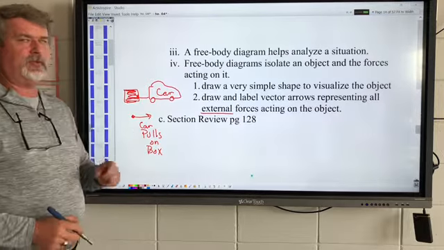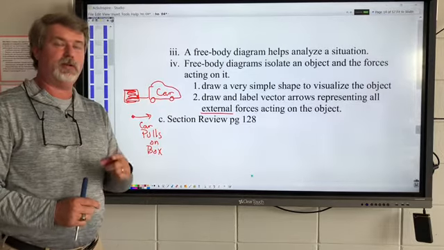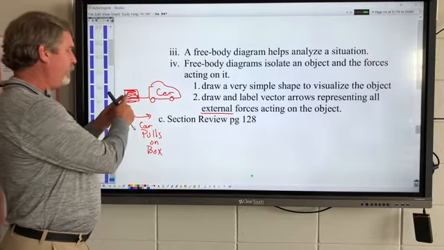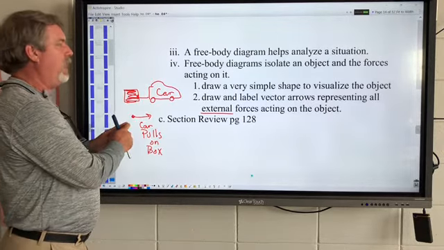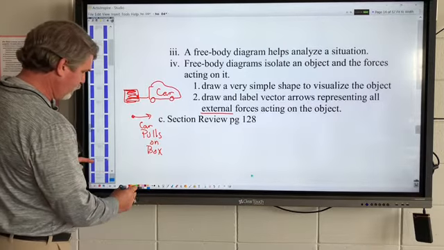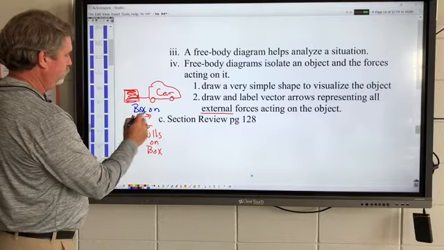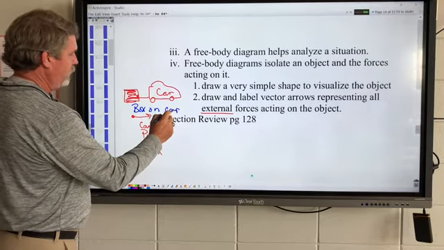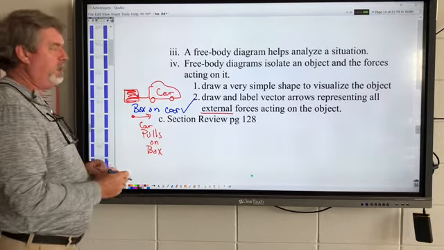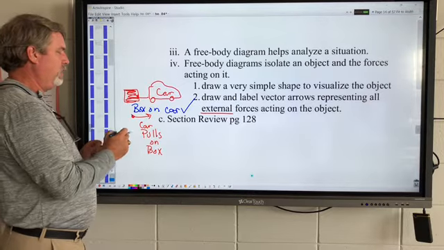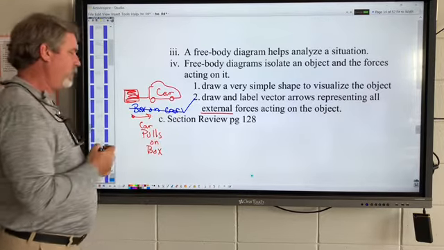Does the box pull on the car as well? And the answer to that is yes. But if I'm only drawing a diagram representing the box, I do not draw the box pulling on the car. That is a force, but it is not drawn on the box. So we don't draw that one on the box.